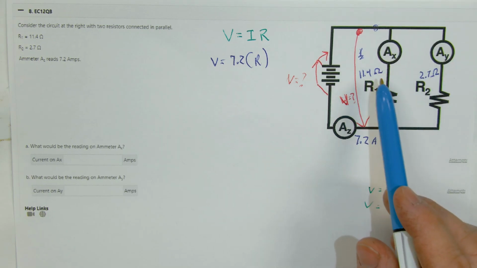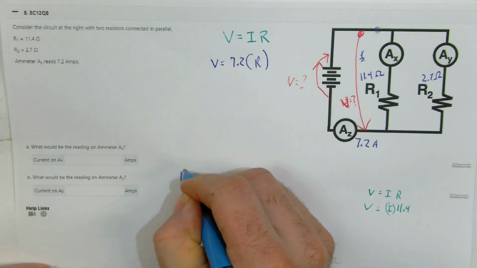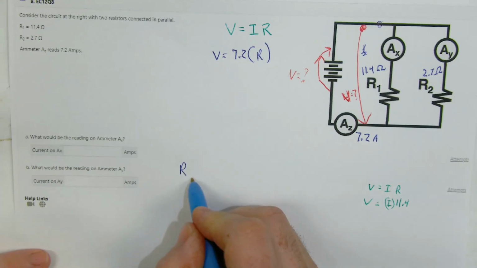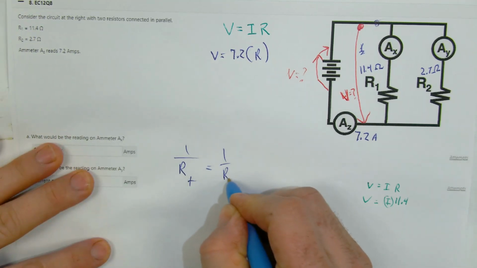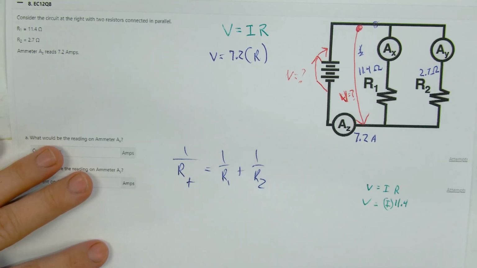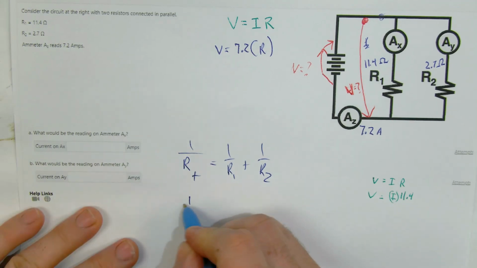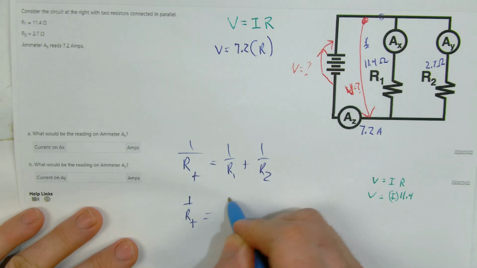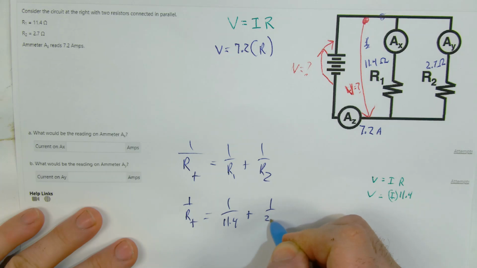We have two resistors here in parallel, so we use our equation for resistors in parallel: 1 over R total equals 1 over R1 plus 1 over R2. So we could find our total resistance. 1 over R total equals 1 over 11.4 plus 1 over 2.7.